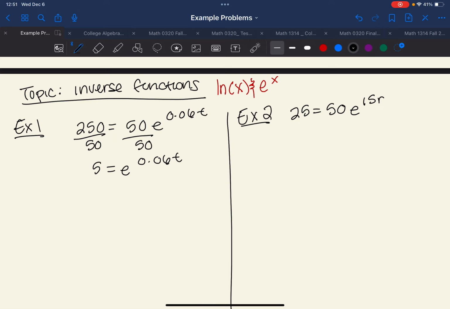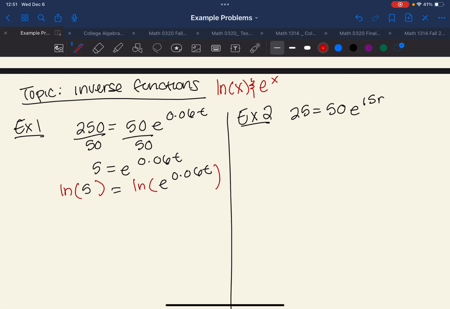Now that I have my e function by itself, I'm going to take the inverse of both sides. The inverse of e is natural log of x. So I'm going to do the natural log of 5, and then the natural log of e to the 0.06t.